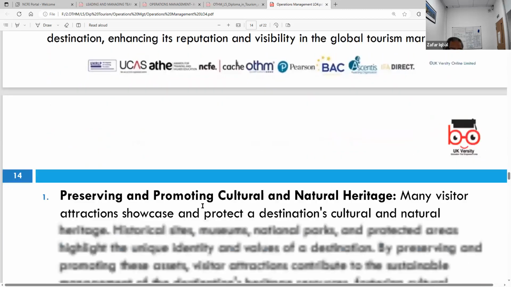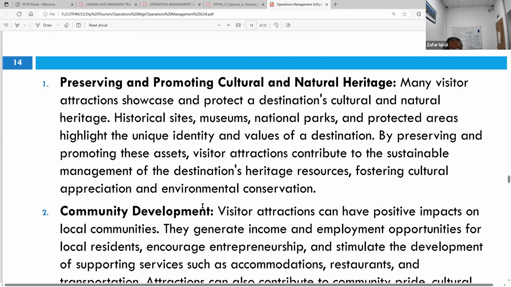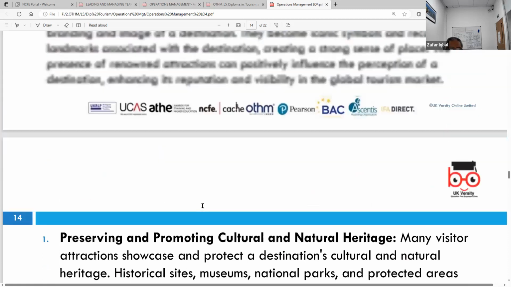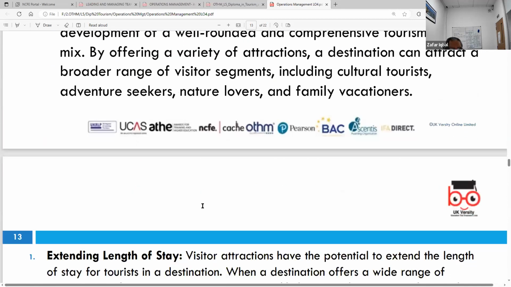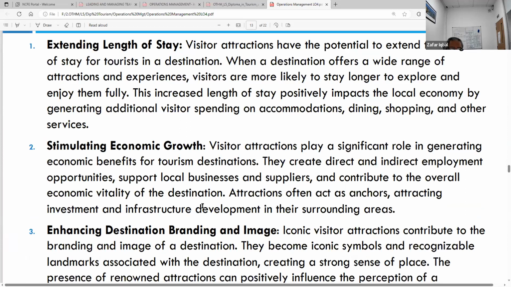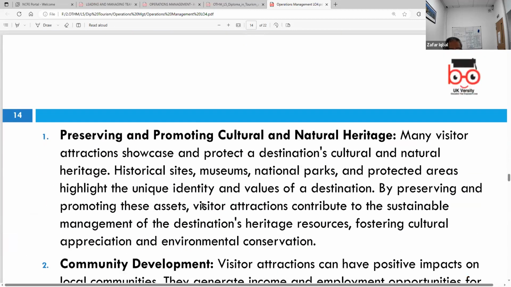Yeah. Okay. Also, when we are trying to look at the key roles of visitor attractions, we need to look at promoting culture and natural heritage, preserving local culture, making sure that the attractions or the places stay protected.